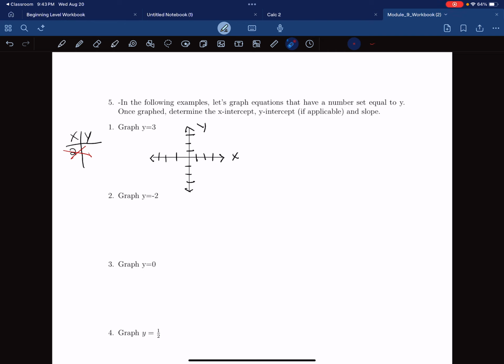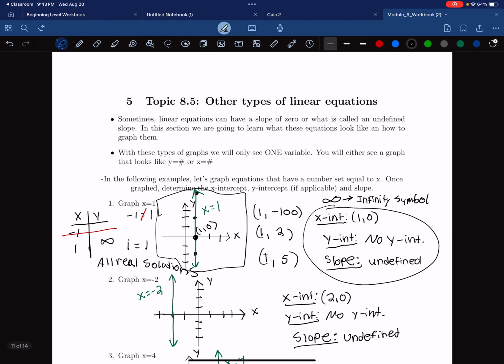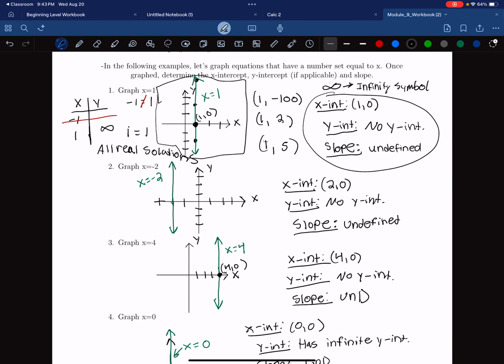But what we can find out is that we can look for trends. So looking at these examples, we know from these tables that we started with x.